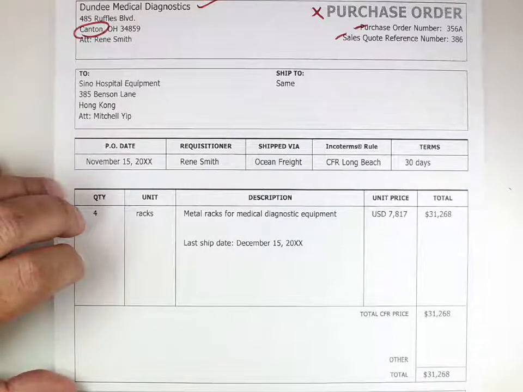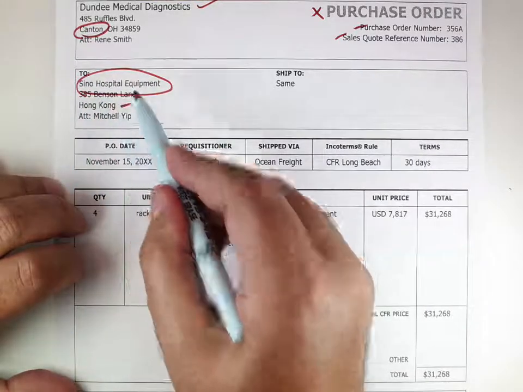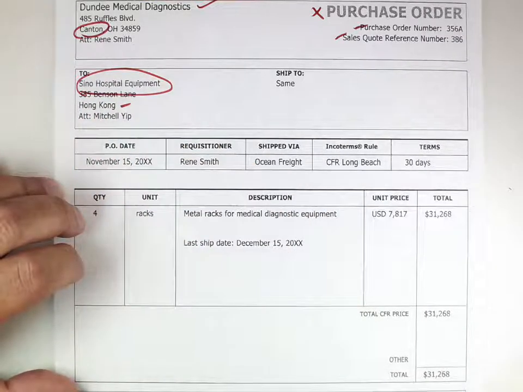Before we place this purchase order, we probably asked the seller, which is Sino Hospital Equipment in Hong Kong, to provide us with a quotation. We may have received that quotation 30 days ago, even longer, 60 days. So when we do place a purchase order, it's always a good practice, if you can, to reference the original sales quote from the vendor, in this case, Sino Hospital Equipment.